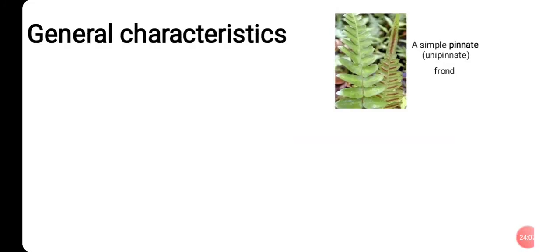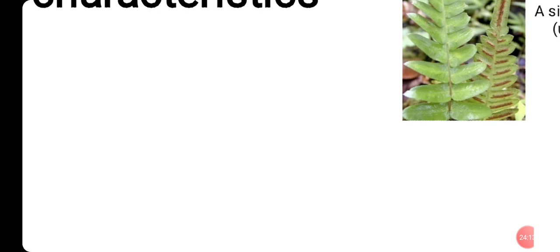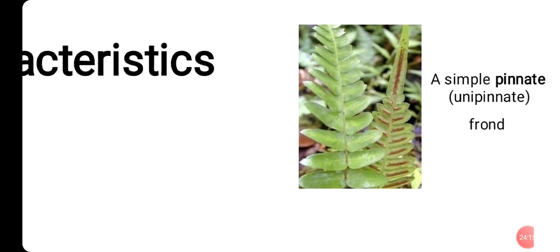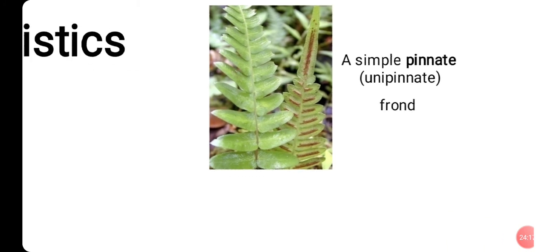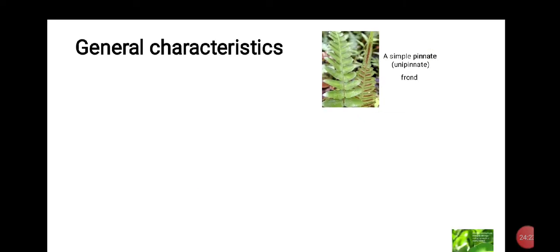Now this is what we call the pinna. You can see the small leaflets along the stalk here. On top of the leaflets is where we get the sorus.